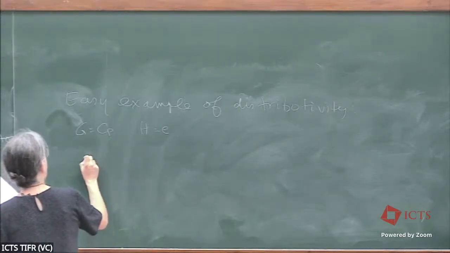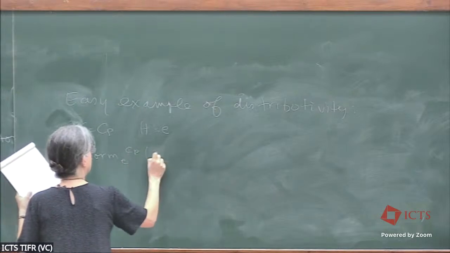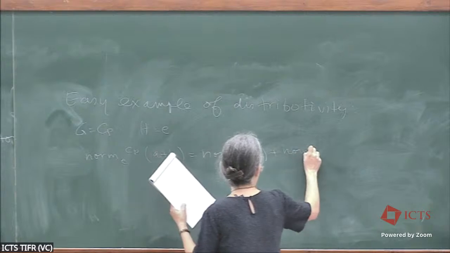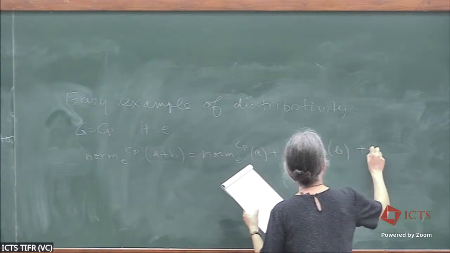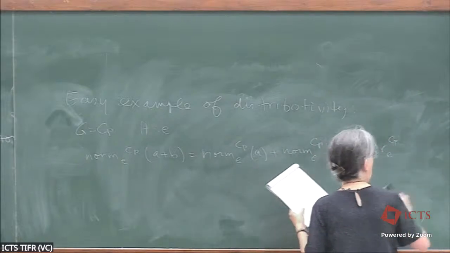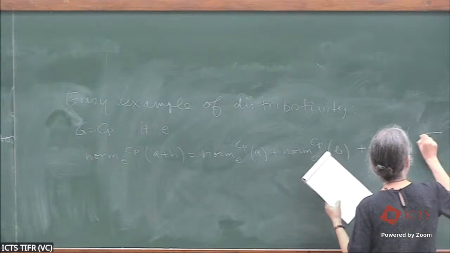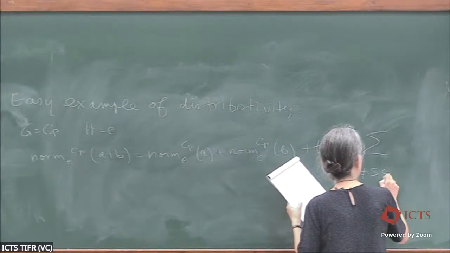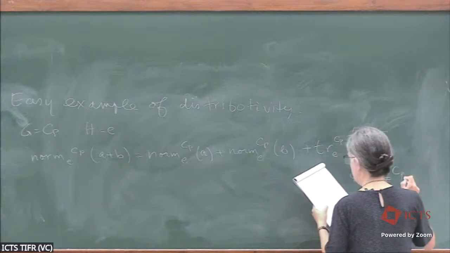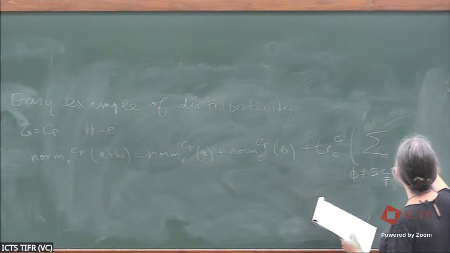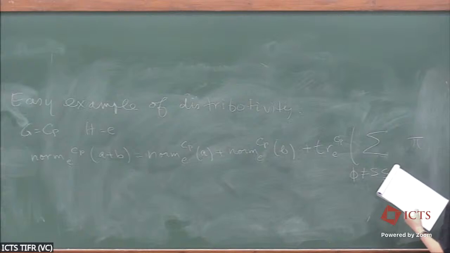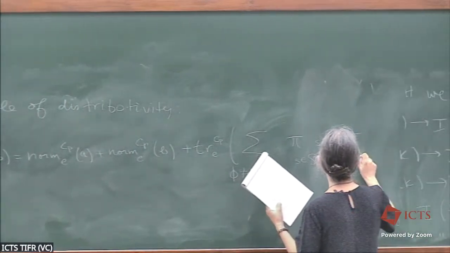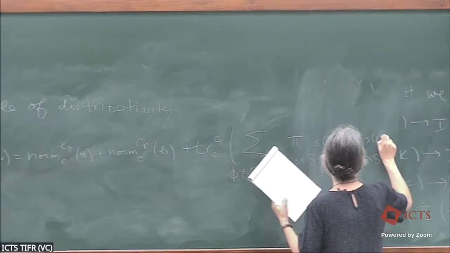So I'm going to take a C_p Tambara functor, and then the result there is that norm e to C_p of a plus b is equal to norm e to C_p of a plus norm e to C_p of b plus transfer e to C_p of the sum over all S non-empty, contained and not equal to C_p, of the product over s in S of s a times the product over s in C_p without S of s b.